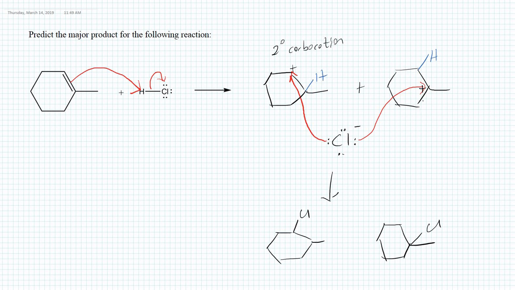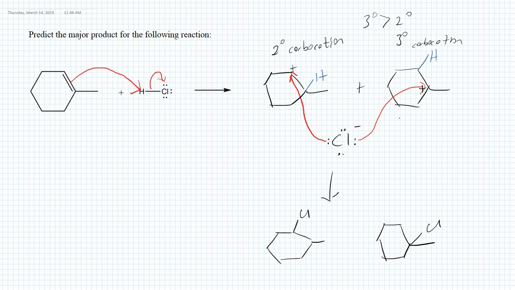And if you look at the other carbocation, we have a positive charge on carbon, and this carbon has 1, 2 and 3 neighboring carbons, so this is going to be a tertiary carbocation. And we know that tertiary carbocations are more stable than secondary carbocations.